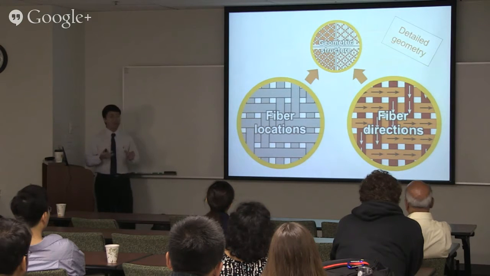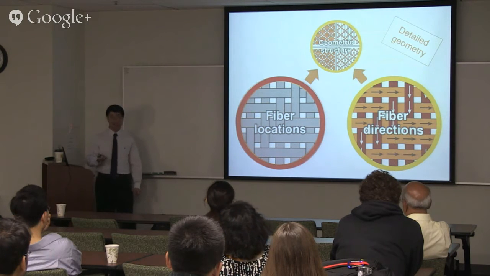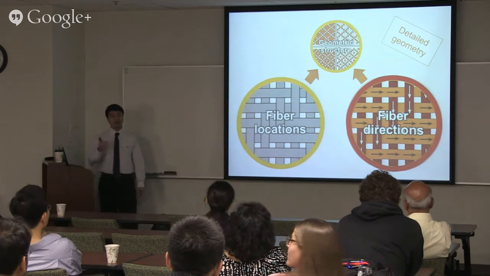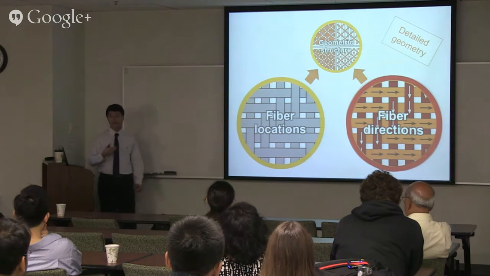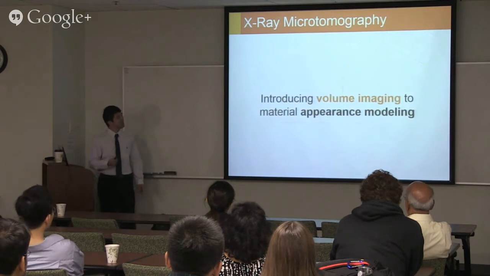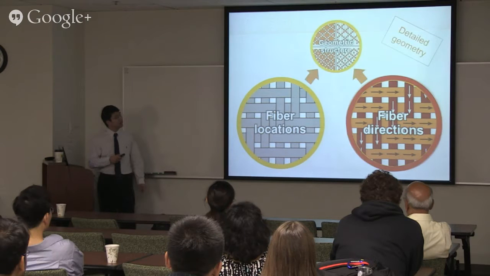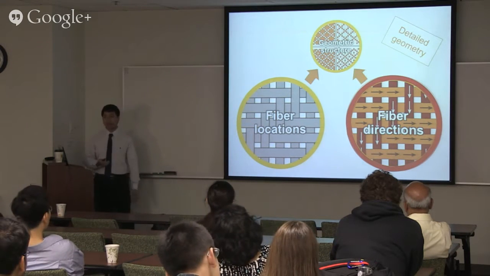In terms of a fabric's geometric structure, we are interested in two kinds of information. First, we want to know in a cloth volume where the fibers are. Second, we want to know at each fiber location which direction the fiber goes locally. This property is important for correctly simulating specular highlights.